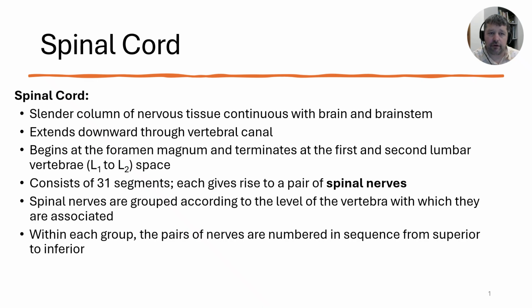And of course, just like when we were talking about the brain, they're grouped with the vertebrae they're associated with. When we were talking about the brain, we talked about the frontal, the parietal, etc. The names of the regions of the brain are related to the bones they're associated with. Same thing when we talk about the spinal nerves, they're named after the regions of the vertebrae that they're associated with.